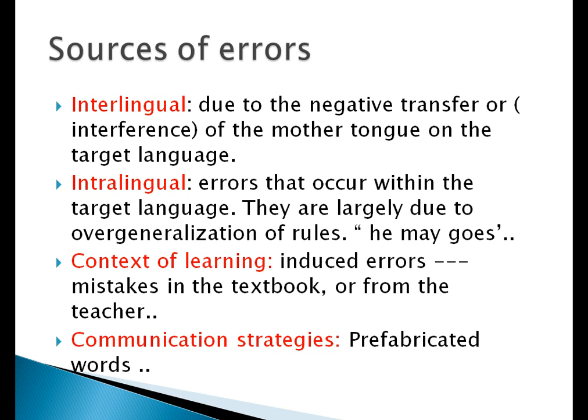We have other types of mistakes: context of learning, induced errors, mistakes in the textbook or from the teacher. Either the teacher makes a mistake and the learner repeats it, or the learner learns something wrong from the textbook. And we have communication strategies.